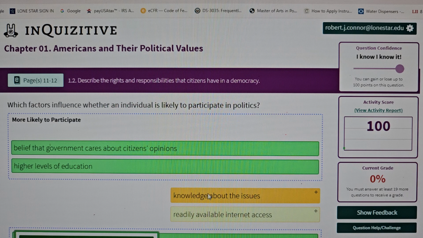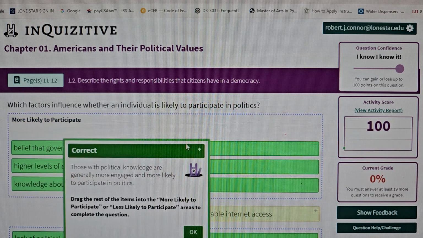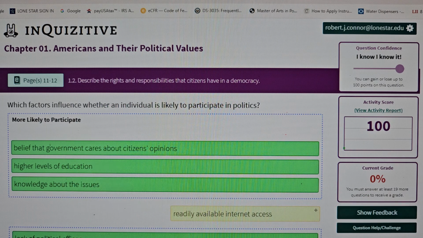Okay, what about knowledge about the issues? Would that make people more likely or less likely to participate? Well, I think probably more likely. Okay, so that's the answer there. Finally, what about readily available internet access?